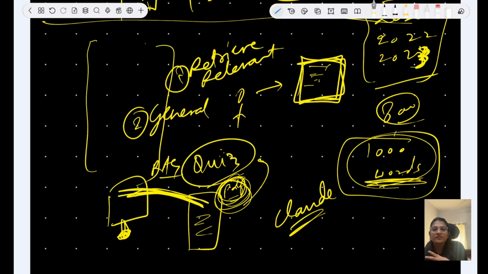Now, what a lot of people think is that once we have sufficiently long context, we will not need RAG anymore. I don't think that's true, because again, the whole problem is relevancy. If I have a very big context window, my LLM would still think that all of this is relevant, and it is very hard for the LLM to find relevance within a large context that is given to it.